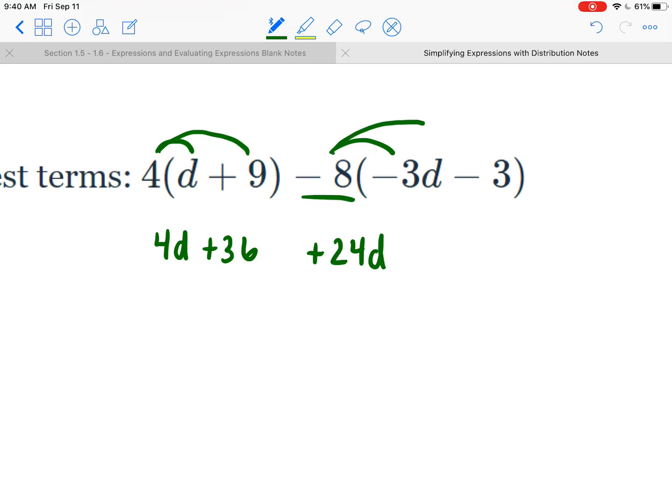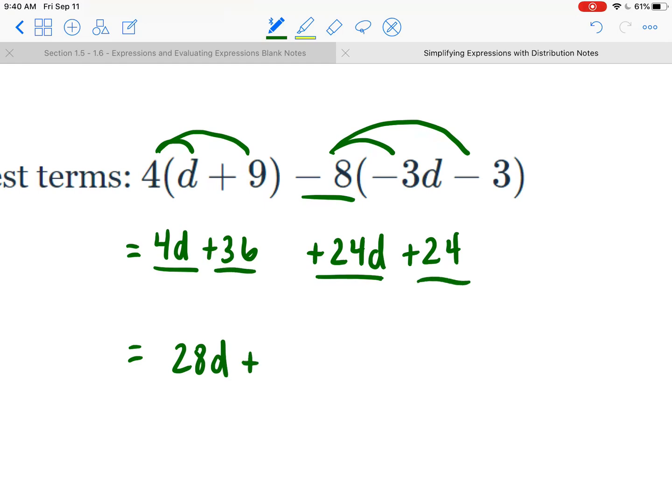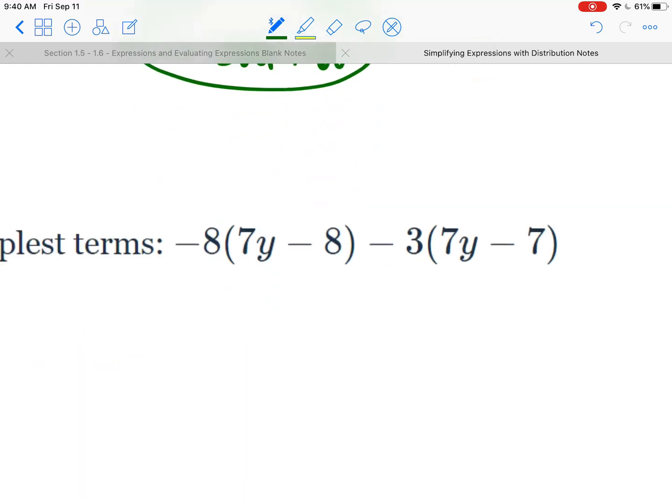And then negative 8 times negative 3 is plus 24. So what you've got here is a couple terms with d, and then you've got just these numbers. So if you add the terms that have d, you get 28d plus, and then 36 plus 24 is 60. So that would be your final result there.